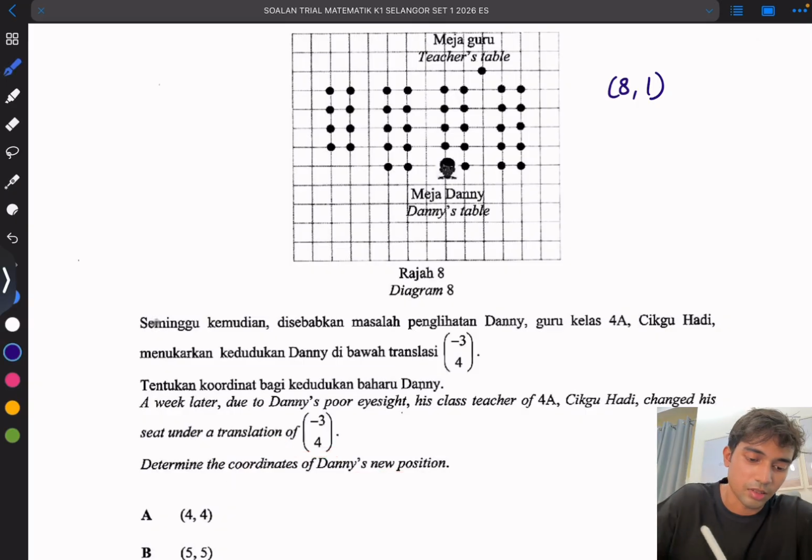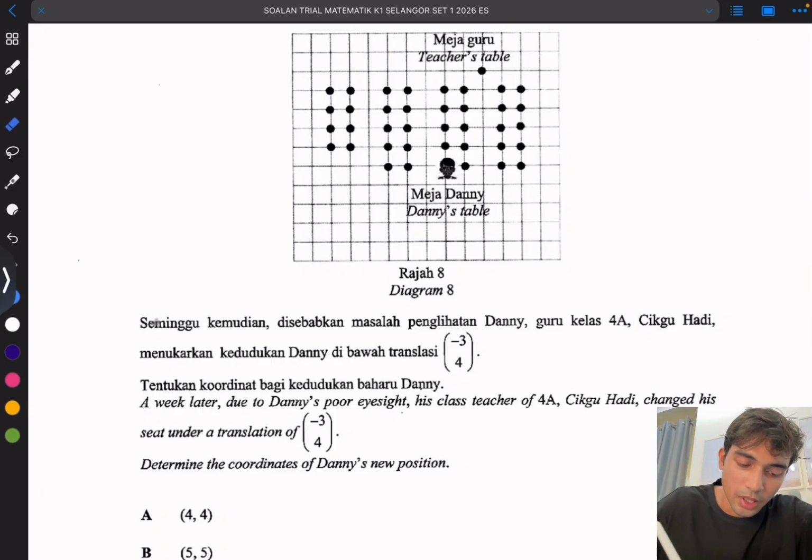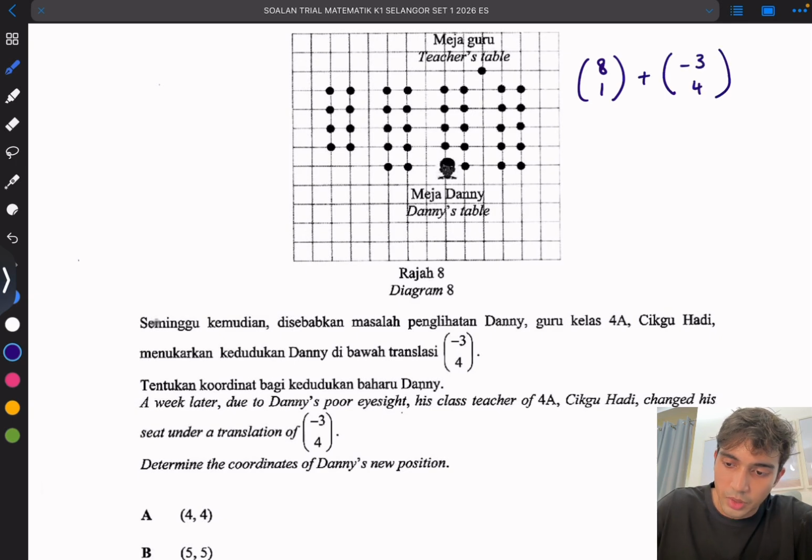Okay, so easy. For translation, you just have to add x, y. Basically, you can write like this. This (8, 1), you can write like this, because this is x, y. Translation is x, y.